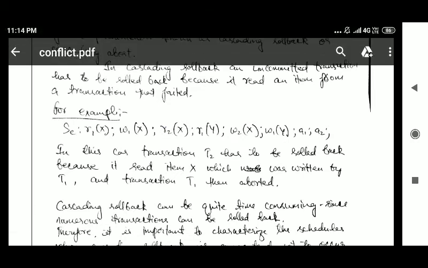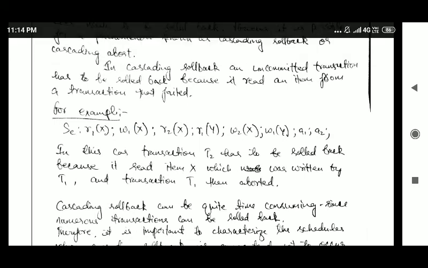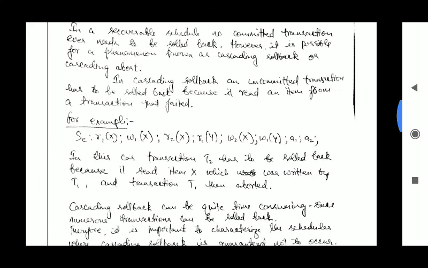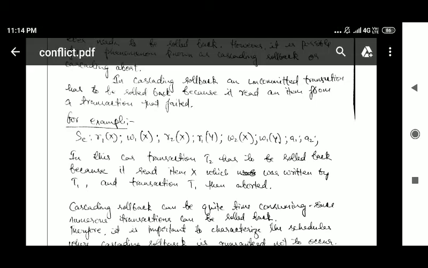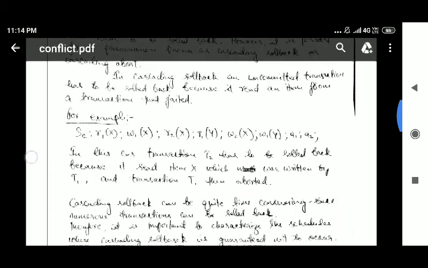It specifies that transaction T2 reads a data item X which was written by transaction T1, as W1X specifies that X was written by T1. So in this case, transaction T2 has to be rolled back because it read item X which was written by transaction T1, and transaction T1 has been aborted. So transaction T2 will have to be rolled back.